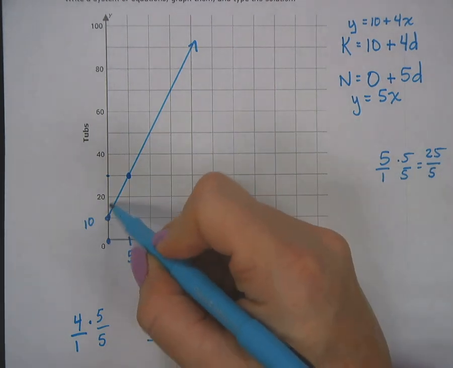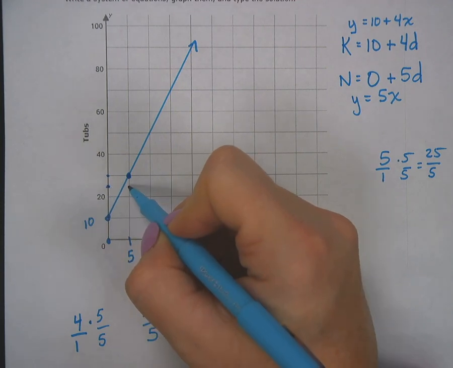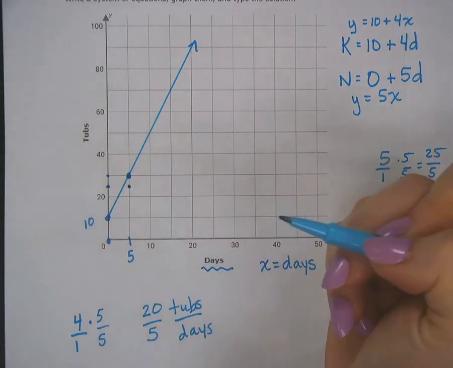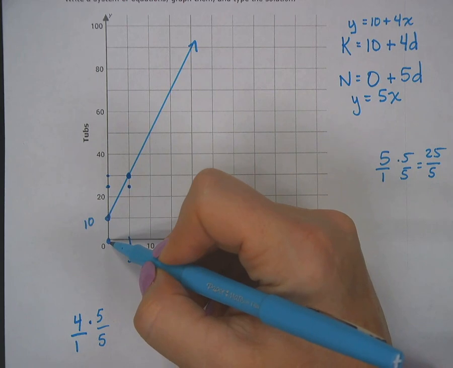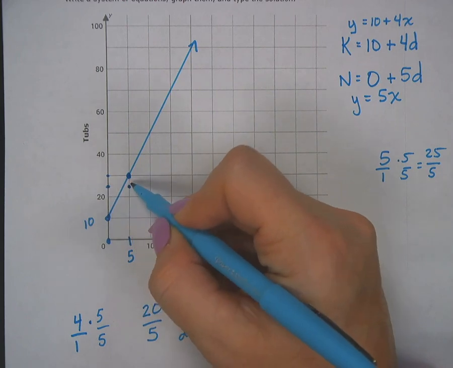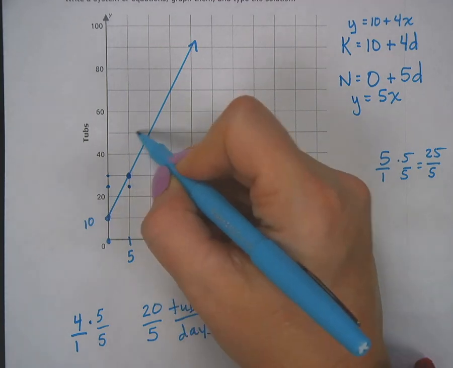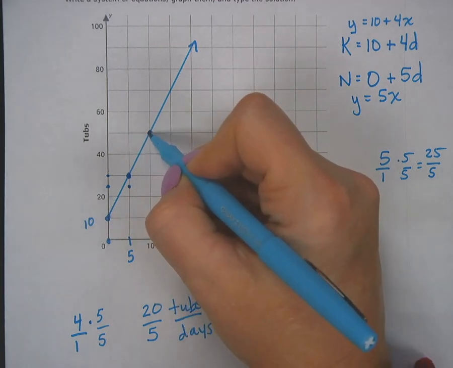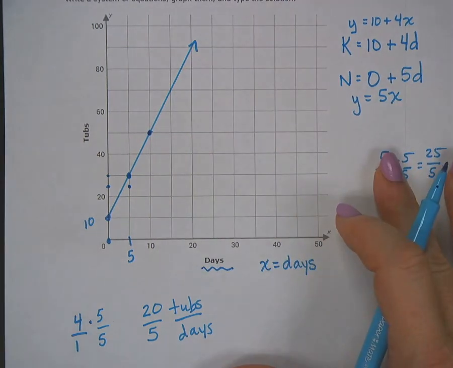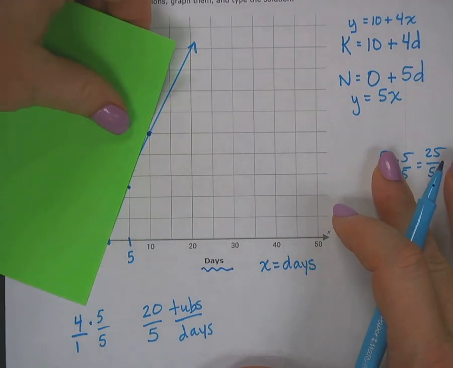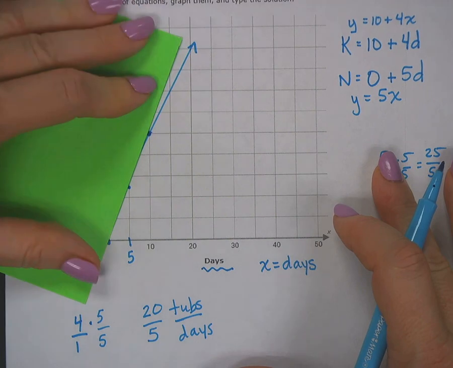So I'm going to rise 25 and run 5. So from here, I rose up 25 over 5. I'm going to go up 25 again, run 5 again. And when I connect these, you can see that we can clearly see where the point of intersection is.